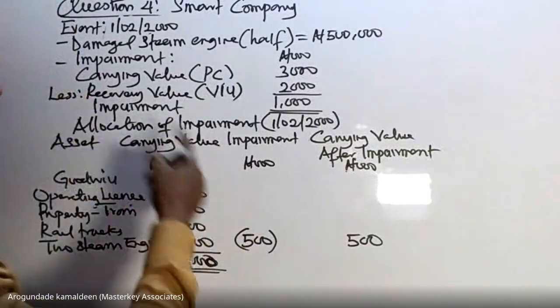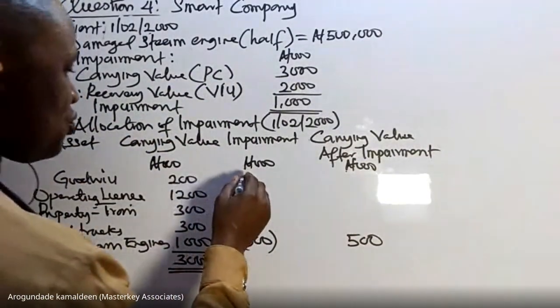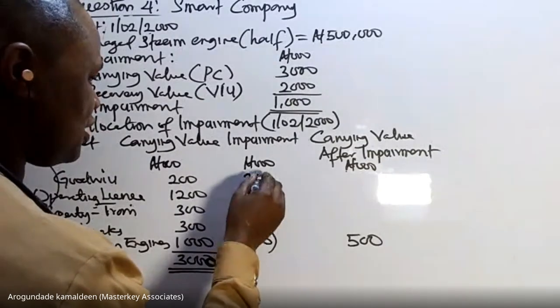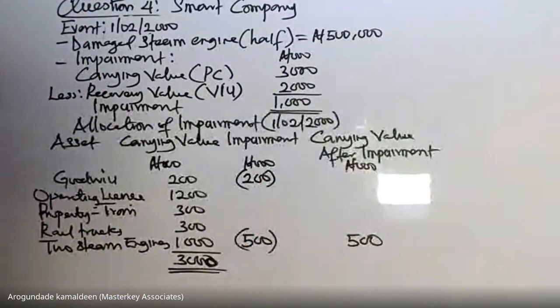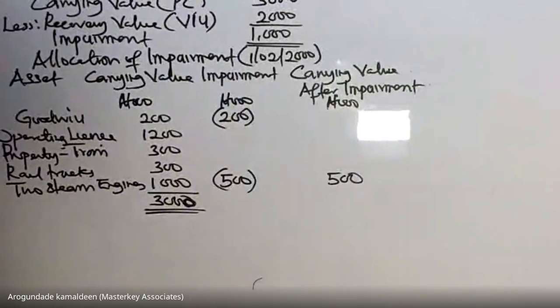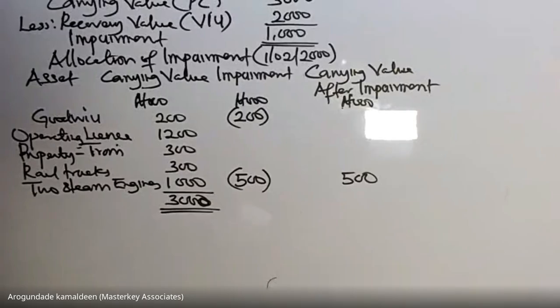Since the impairment covers the whole of the goodwill, you write off the whole of the goodwill. How much do we have left as impairment after the allocation? Tell me. 300. Thank you. So it is this that you are going to prorate.